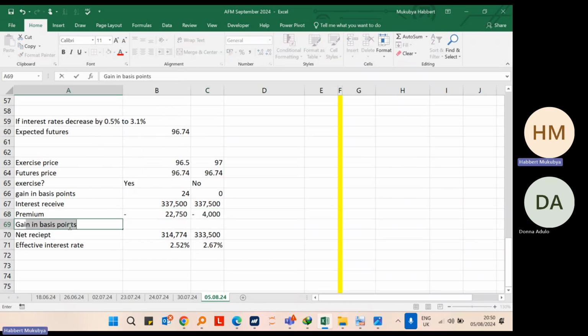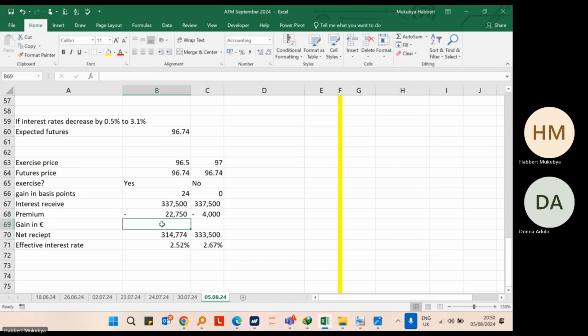The gain in dollars. Or actually it's not dollars. It's in euros, right? Yes. Yeah, gain in euros, because the gain is in basis points. So now the gain is going to be the basis points.